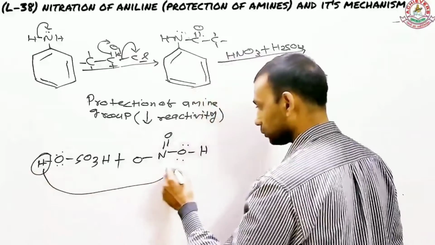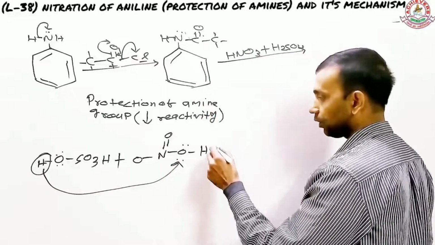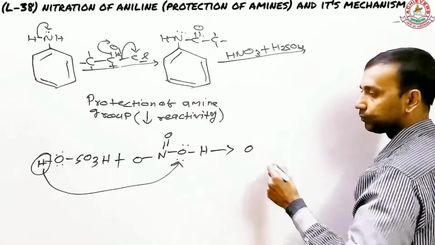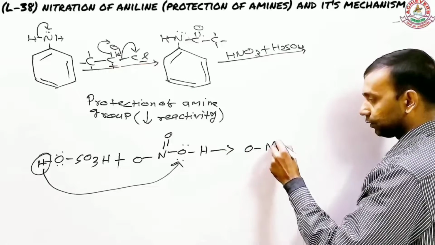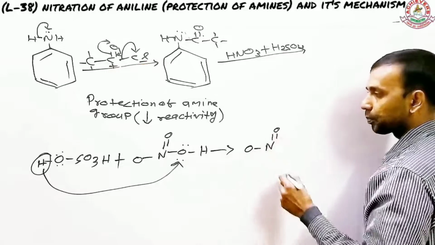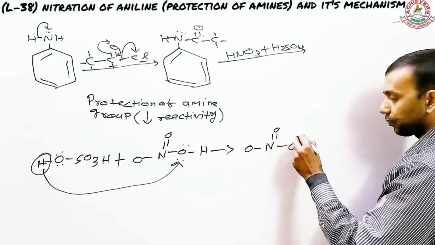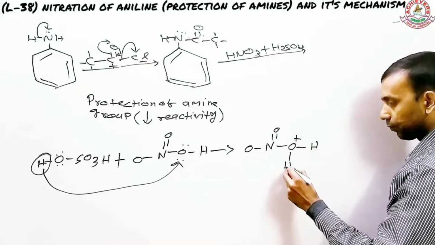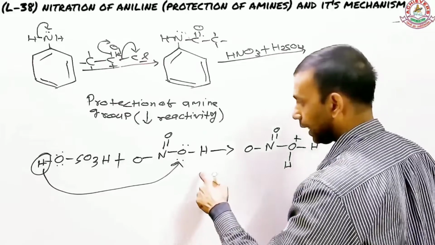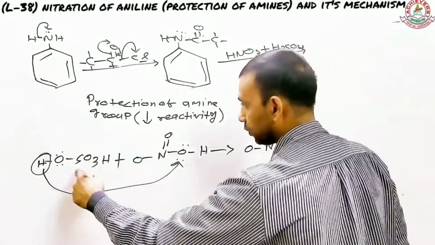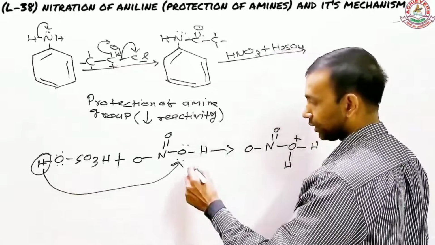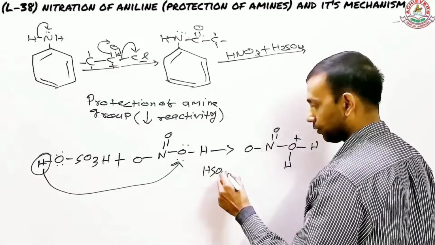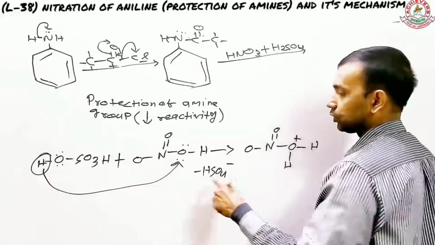Because of this reaction it forms a product like O with N double bond O, and now you have oxygen with one positive charge and two hydrogens, and along with that you have this byproduct, which is nothing but HSO4 negative. So this is the byproduct.